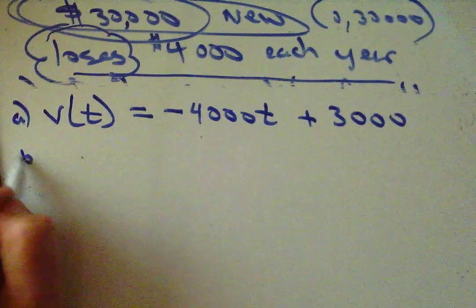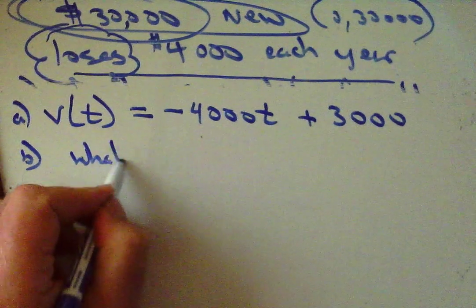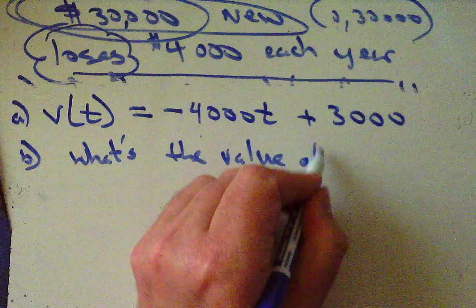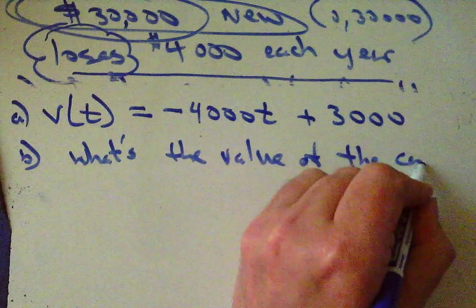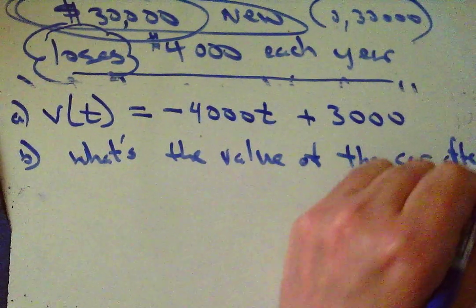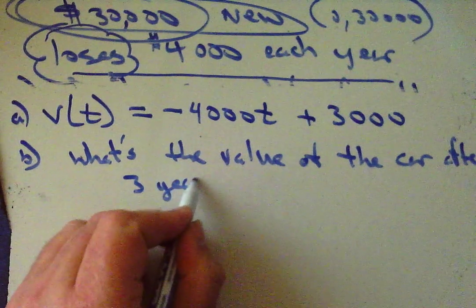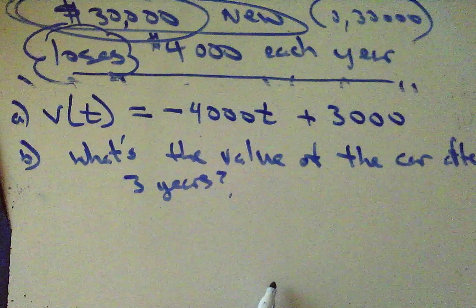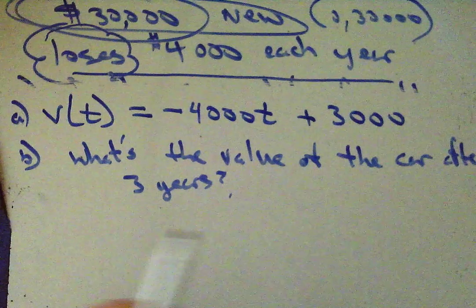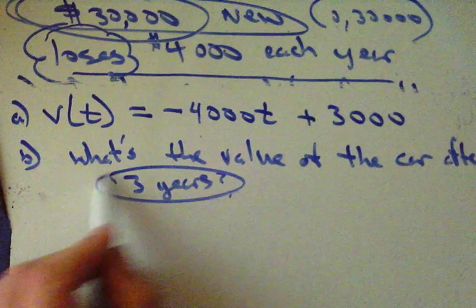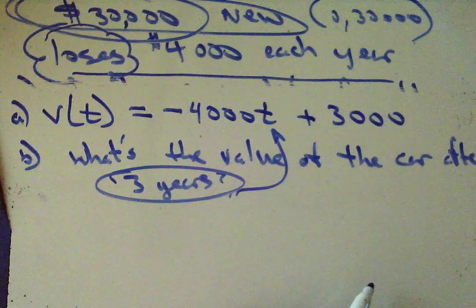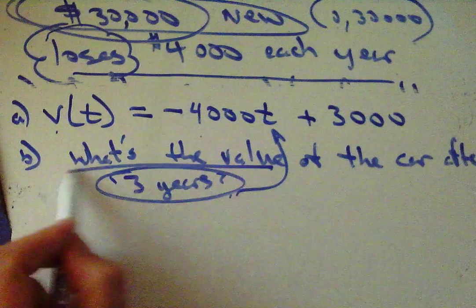That's part A. Part B, what's the value of the car after 3 years? Well, how am I going to do this? This is a time, so I need to plug this time in here, and then I'll be able to find the value.